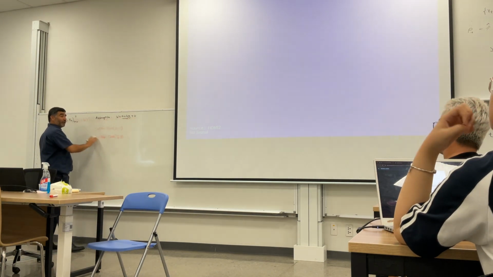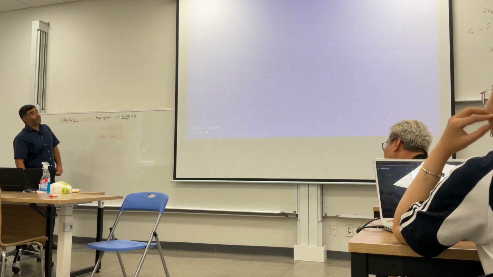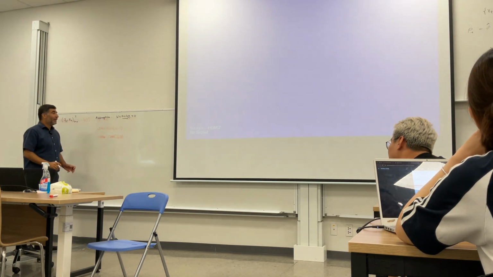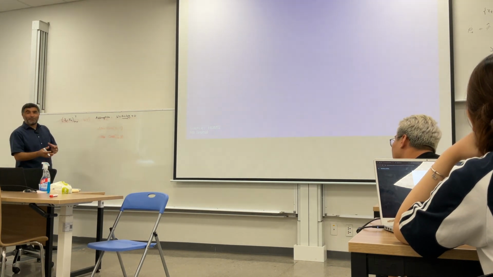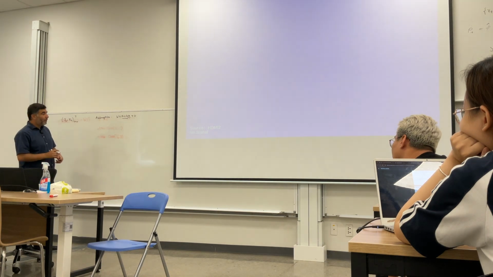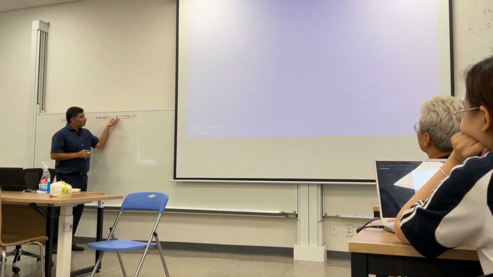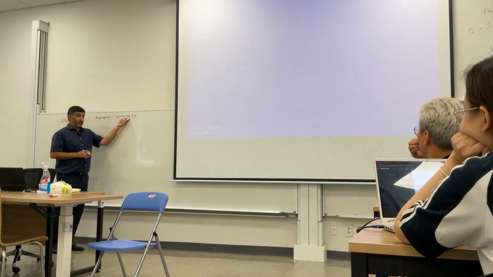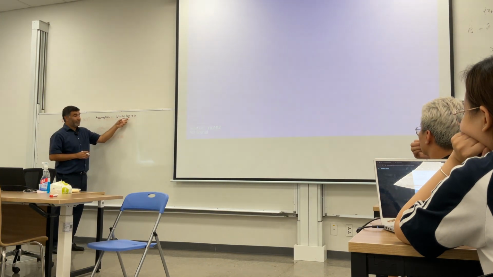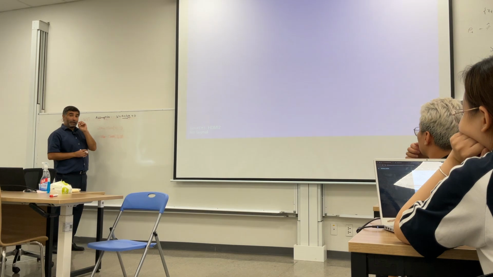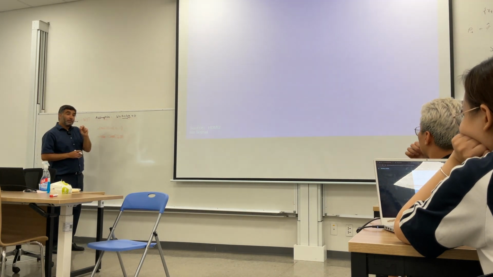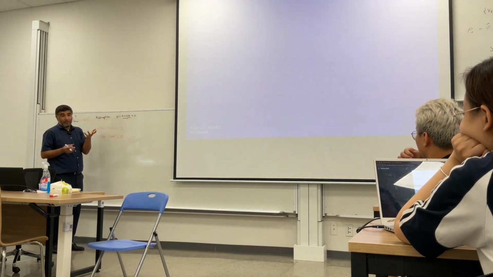And then we make further assumptions. We say the expected value of u given x is 0, and then bounded moments and so on. But it's very important to remember that here we assume the relationship is linear, that the expected value of y given x is a plus bx.